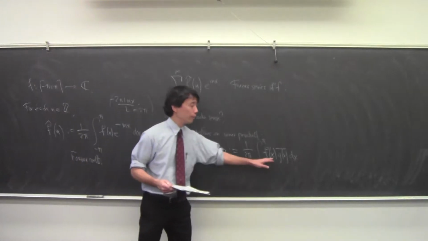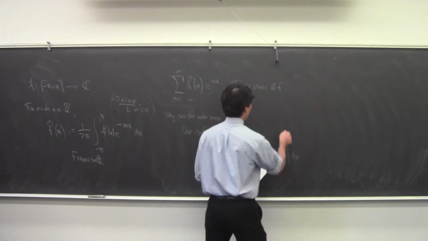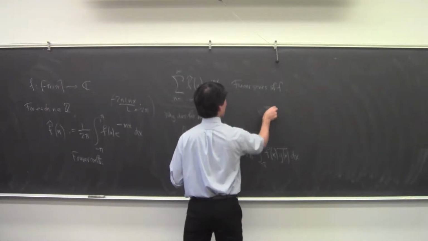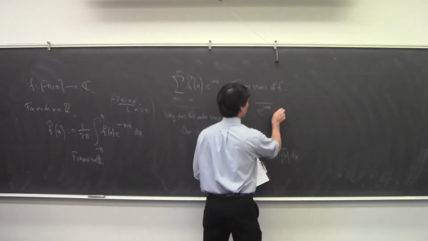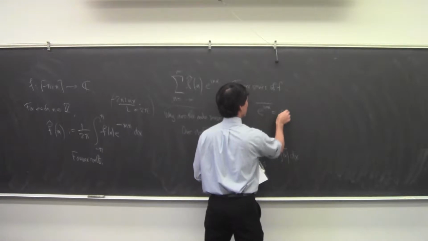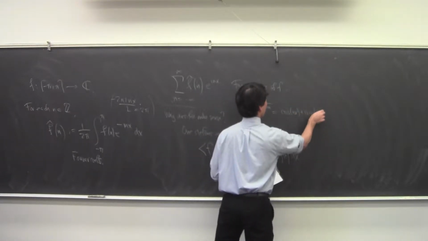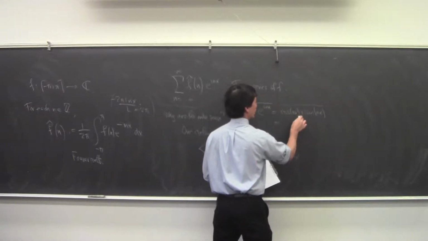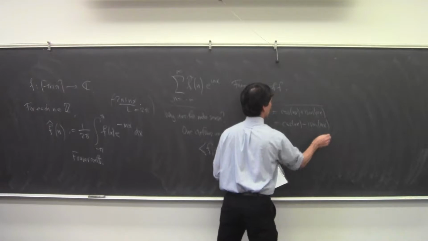If you take e to the i n x, which is cosine nx plus i sine nx, and take the complex conjugate, you get a negative sign here, so you get cosine nx minus i sine nx.